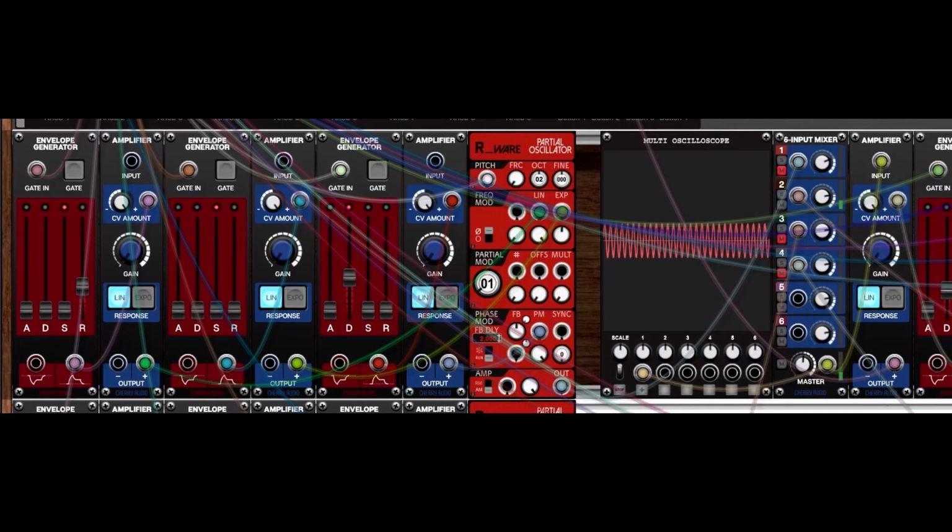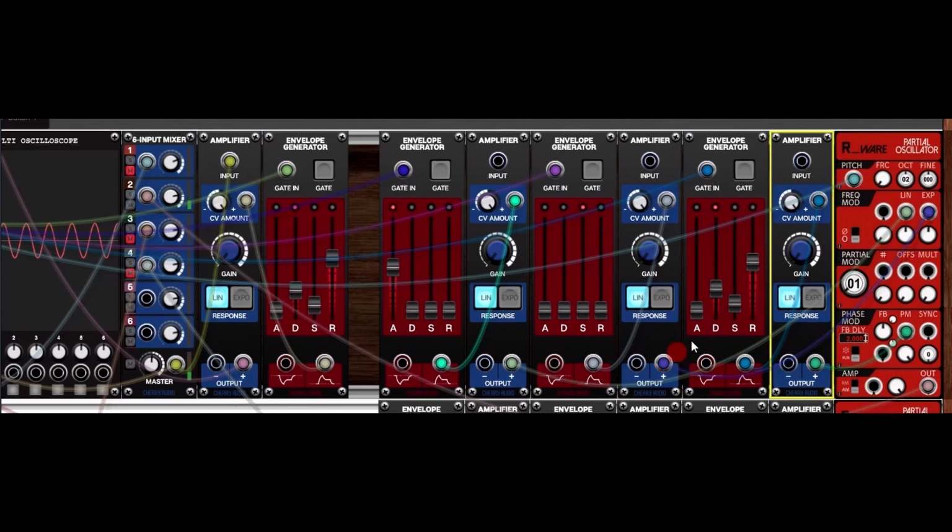The first rather simple algorithm uses only operator 1, here on the left side, and operator 2 on the other side. Let me scroll. Here, this one. With operator 1 on the left as the modulator, and operator 2 on the right as the modulated operator, the carrier. The modulated operator is called the carrier.